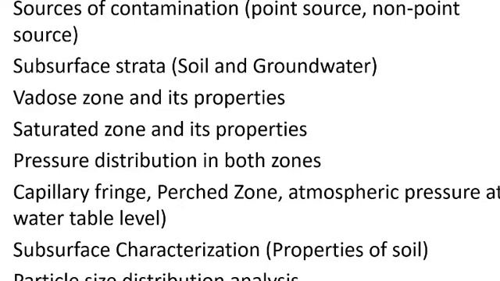Subsurface characterization. Soil is the basic component which has different types, like boulders, silts and sand and rock fragments and clay. All these things have different characteristics, and especially how they are combined together in a particular specimen or in a particular volume of soil. That actually defines the behavior, how that volume of soil will behave when some water or some contaminant will filtrate into that volume.